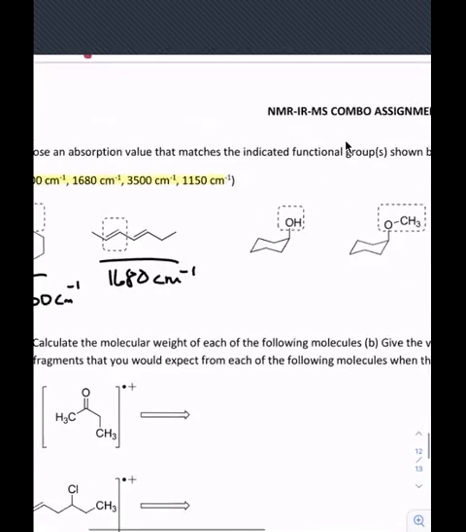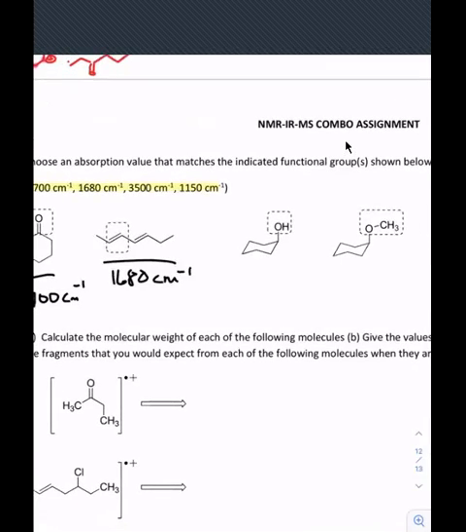All right. What about the alcohol? Which one would you pick for that? The OH stretch. You got 2 values left to pick from: 3500 and 1150. I think the 3500 would go with the CH3 on the end.